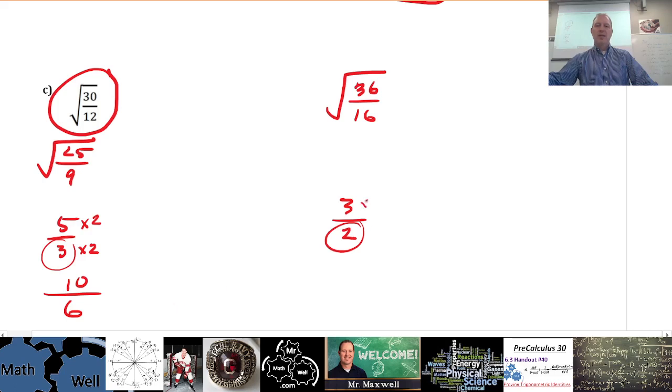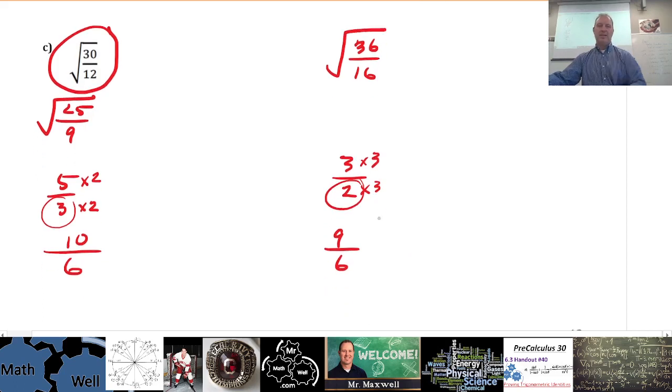If I multiplied this by 3, which we actually just reduced, this would be 9 over 6. Oh, look at that. That actually is really tough. Between 9 over 6 and 10 over 6. How do we do that? Could we say 9.5 over 6? You could say 9.5 over 6.